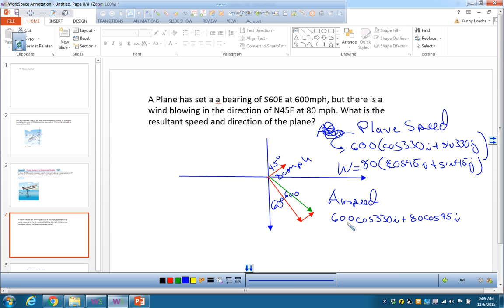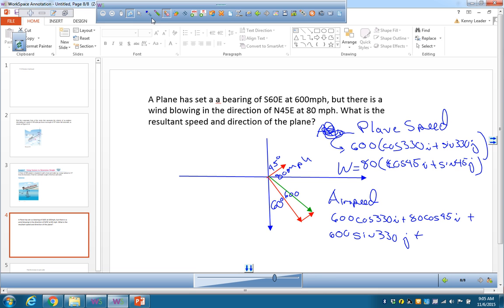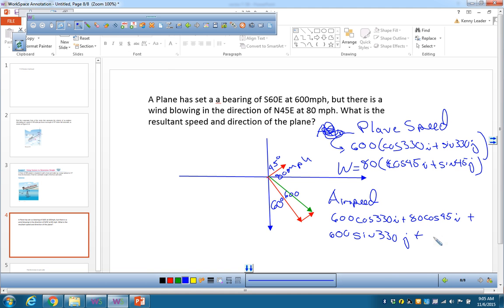So you add up the i parts, plus 600 sine of 330 in the j direction plus 80 sine of 45 in the j direction. Sorry, let me clean that up.